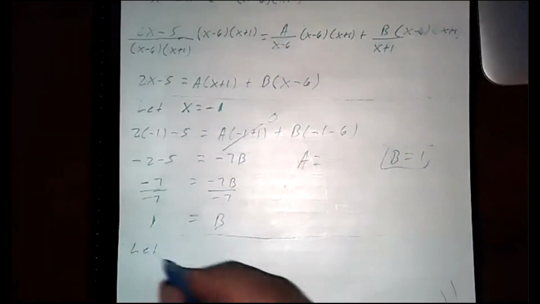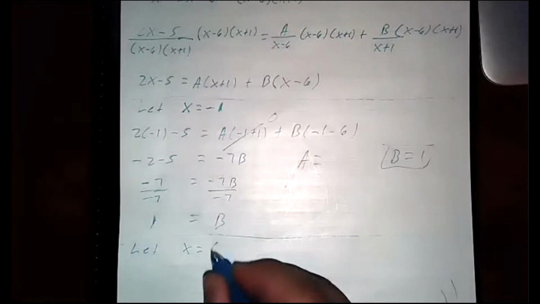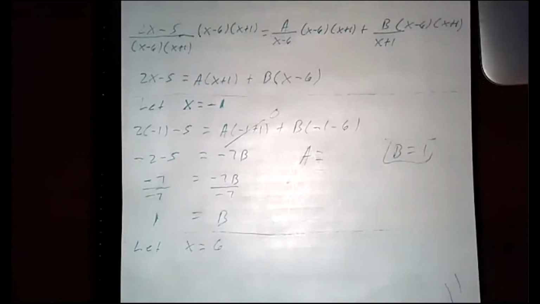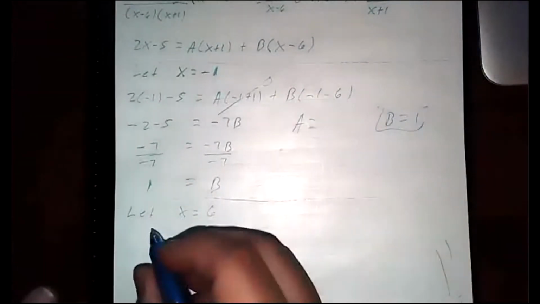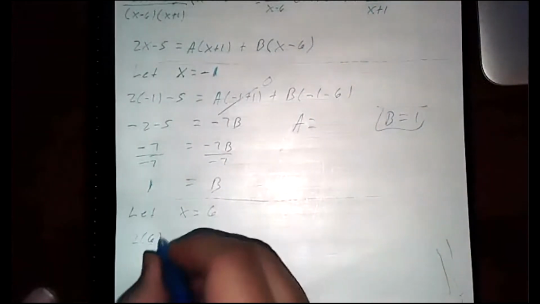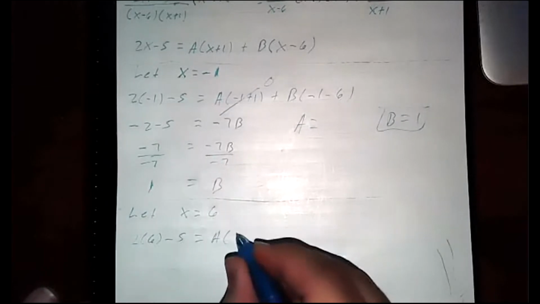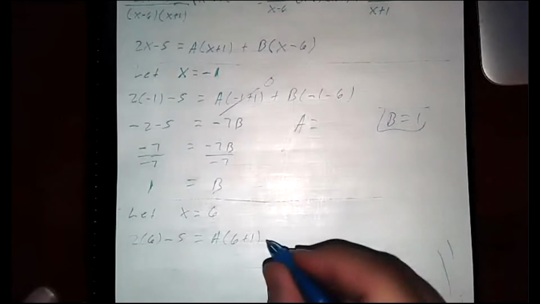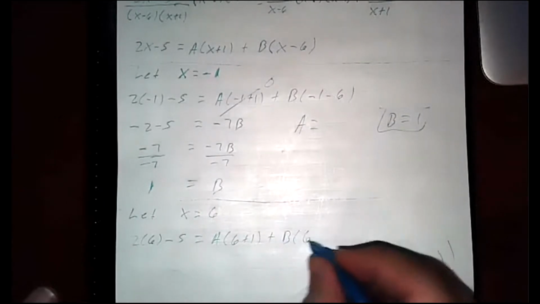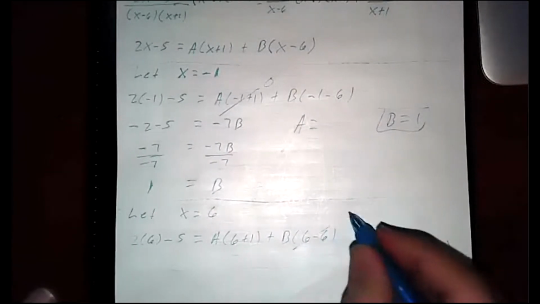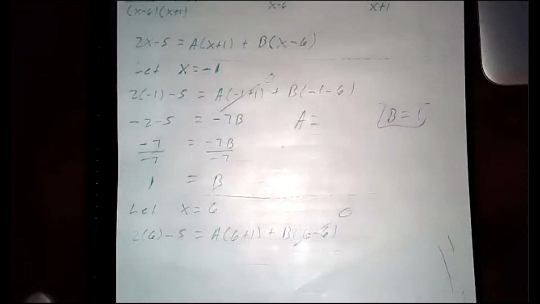So let x equal 6. So now everywhere you have an x, put a 6 into this main equation, right? So you're going to have 2 times 6 minus 5 equal to A times 6 plus 1 plus B times 6 minus 6. So this will be gone, right?